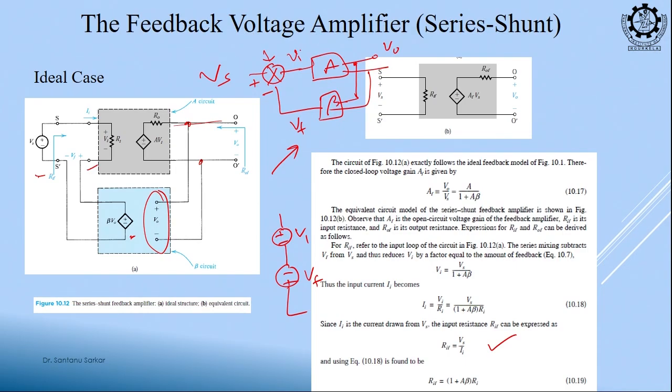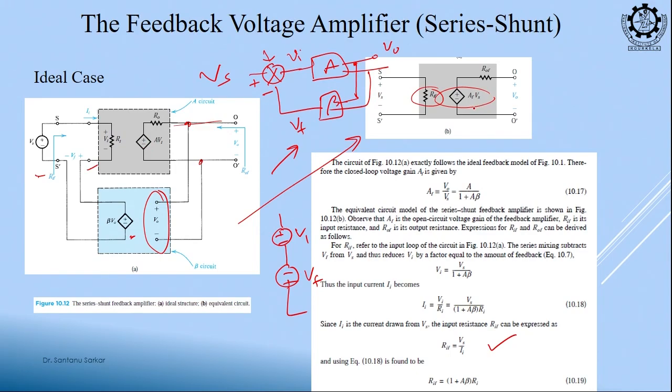Same circuit, and this complete circuit is modeled by this complete closed loop circuit. My input impedance is now RIF, previously it was open loop A, now it is AF.